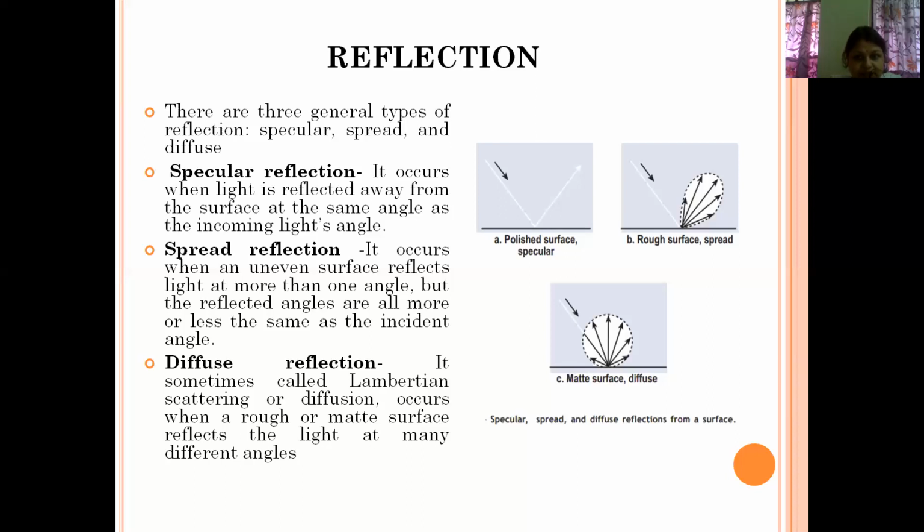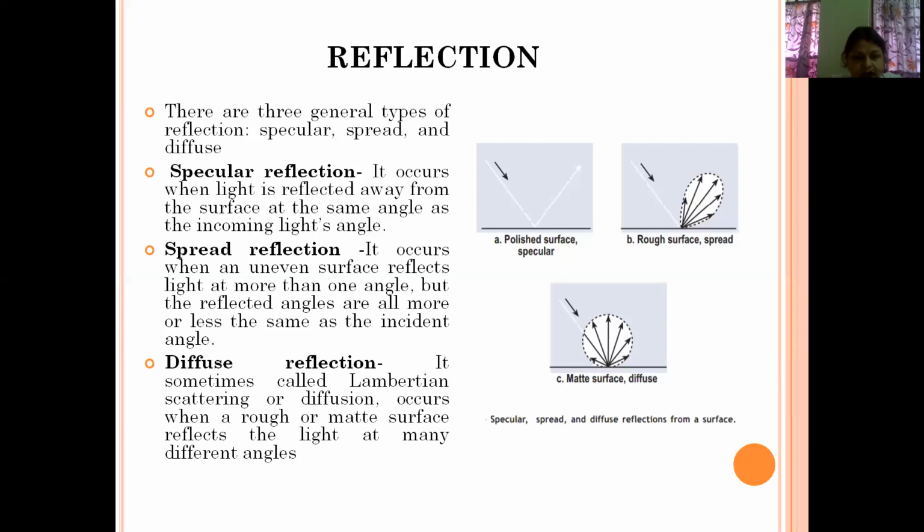Next, picture B, where the surface area is rough. So for this uneven surface, light reflects at more than one angle, and the reflected angles are all more or less the same as the incident angle. So this is the picture of spread reflection.